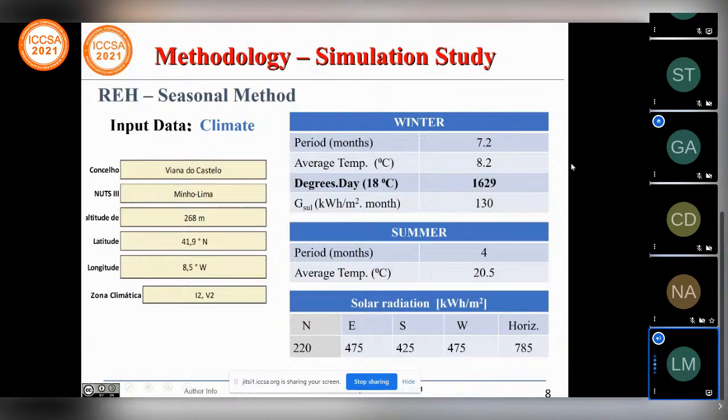And this is the basis for the calculation of the thermal loads, so the thermal losses in winter. Only the radiation on the south facade is needed for the total season, and for the summer it's even lower, only the period and the average temperature. But for the solar radiation, some more numbers are needed, basically the radiation on the different facades of the building. But this is all we need for the first method.